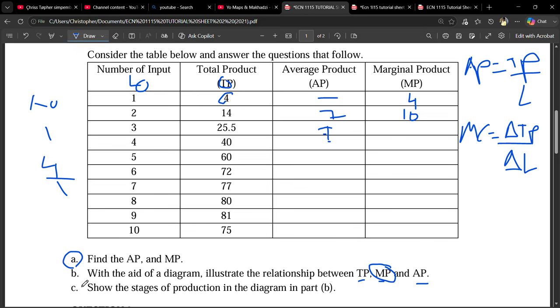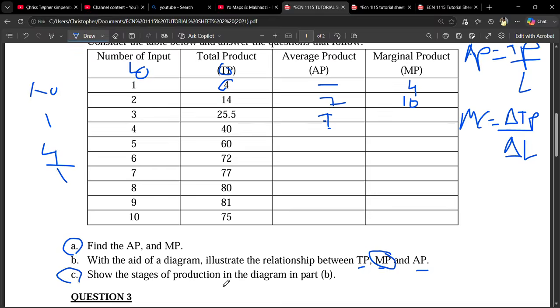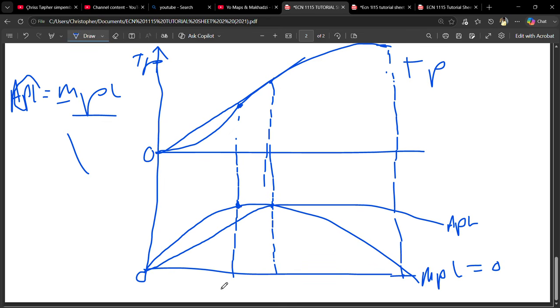Okay, so question C was saying show the stages of production in the diagram in part B. So of course, remember that this same graph that we have here, there were three stages. We have increasing returns, diminishing returns, and also negative returns.